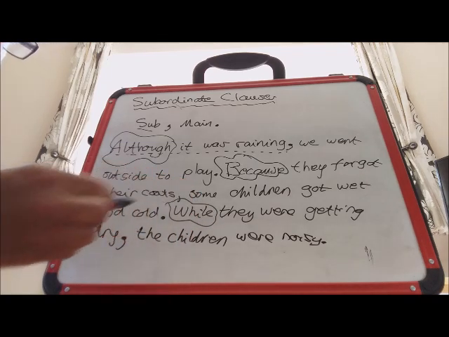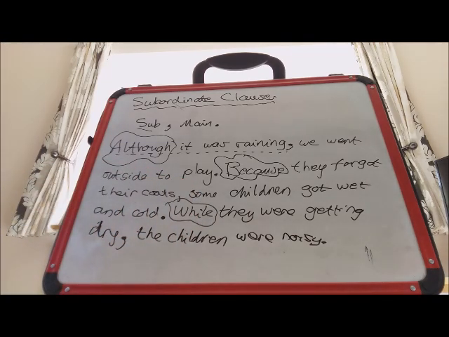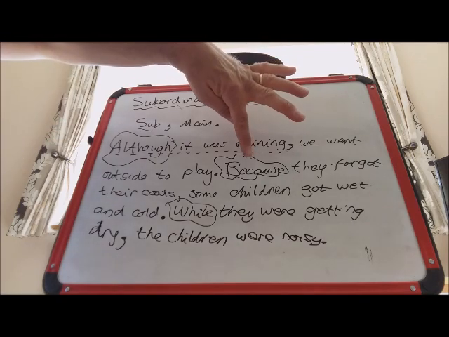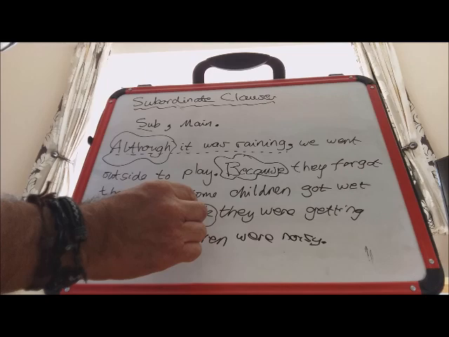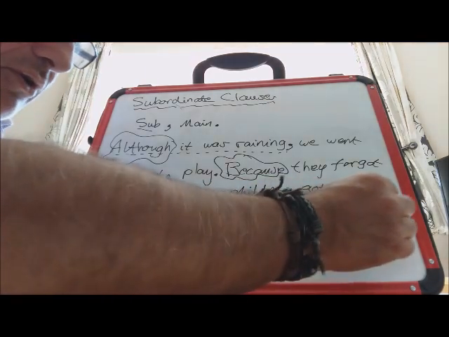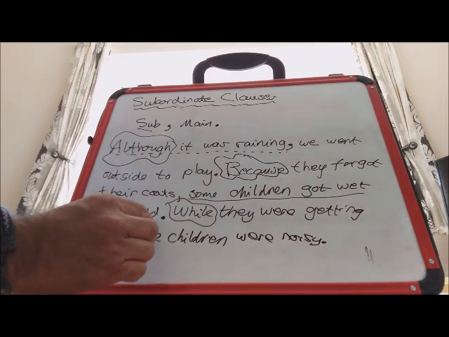Hope you got those. Second question is, in the second sentence, the one that starts with because, where is the main clause? I don't want to know where the subordinate clause is. I want to know where the main clause is, and the main clause is here. Some children got wet and cold.